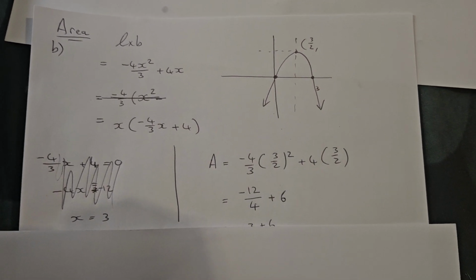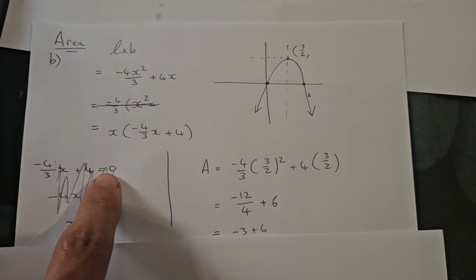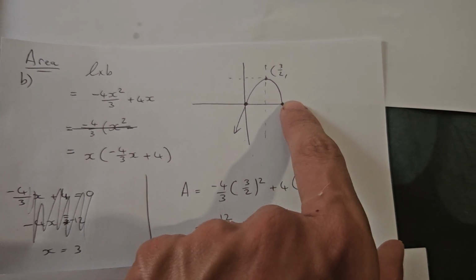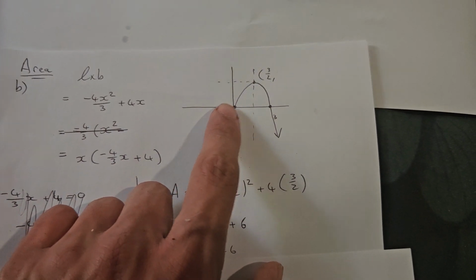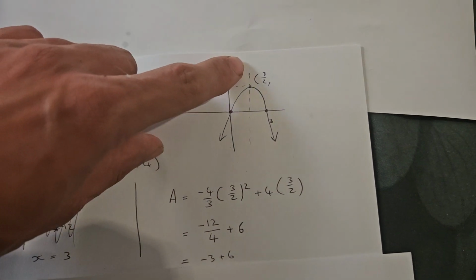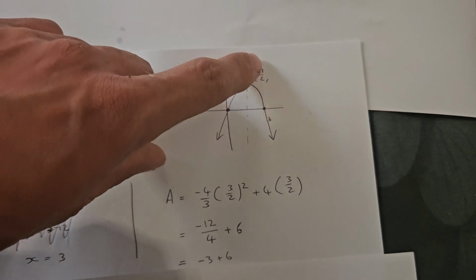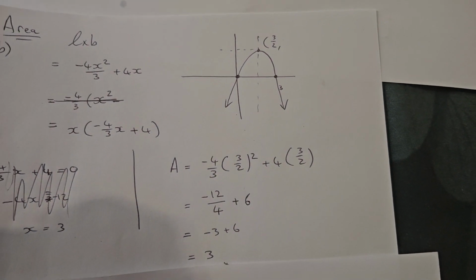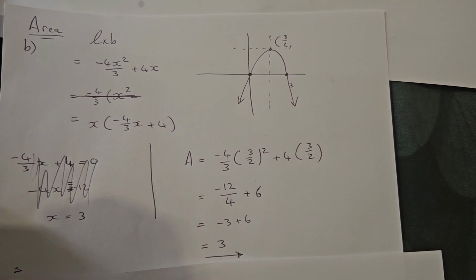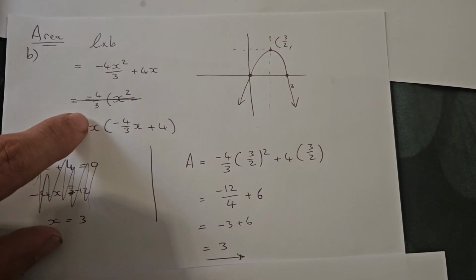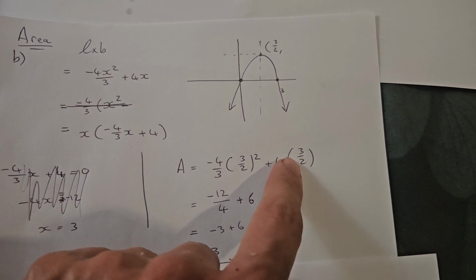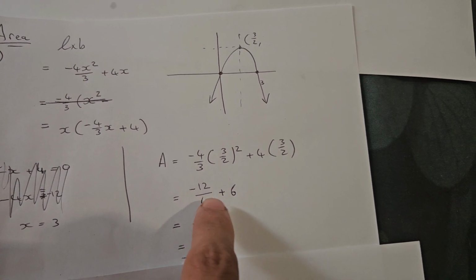I can go and sketch it over there, just calculated. If we set this function equal to 0, we get the roots. The roots are going to be 3 and 0. The axis of symmetry would be where the turning point is, which is at halfway between these 2 points, 3 over 2. If I substitute 3 over 2 back into the formula for my area, which I've done here, I just substitute the x-coordinate of the turning point.